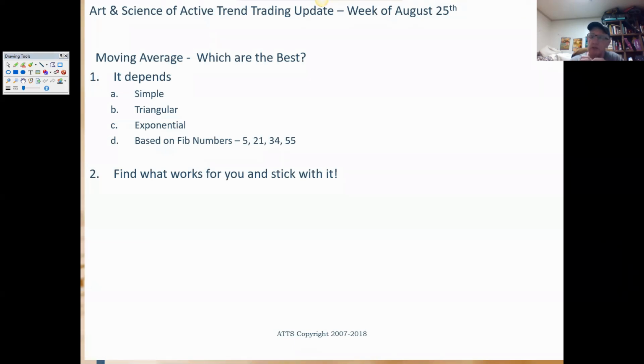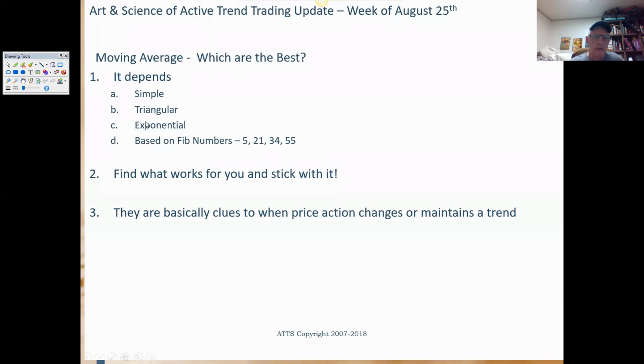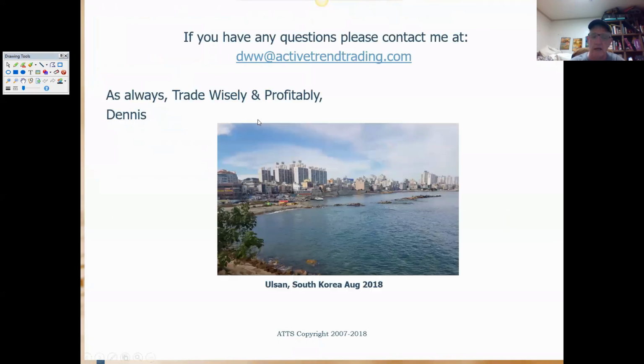The real skill comes from learning how to adapt and understand what that moving average is telling you as it interacts with price action. So the moving averages, remember, are basically clues to when price action changes or if it's maintaining a trend. Okay, as always, trade wisely, trade profitably.